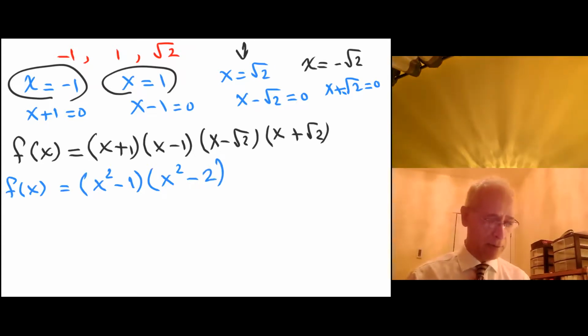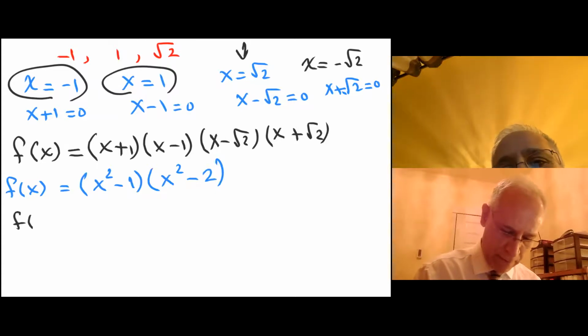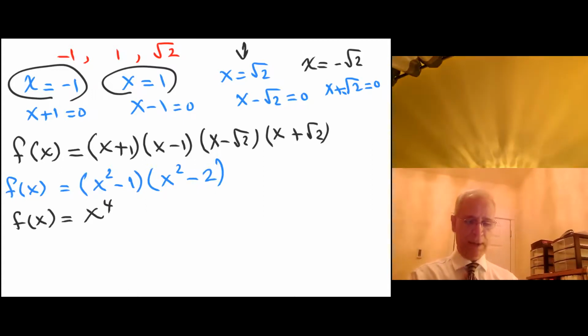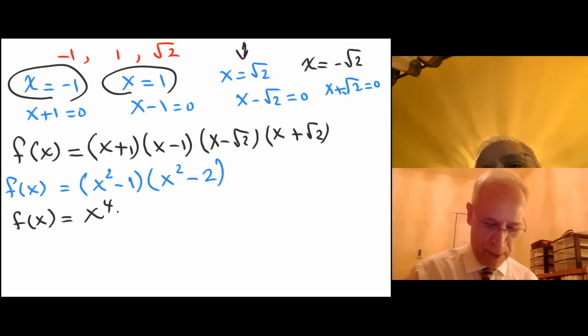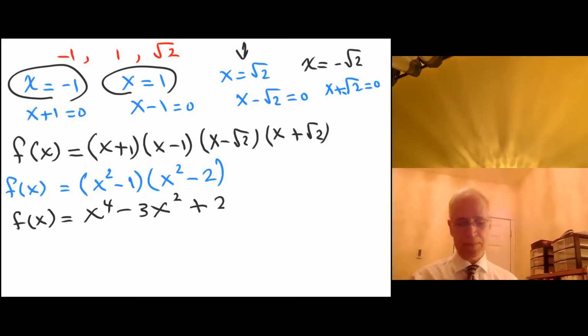Now f of x equals x to the power of 4, then I have minus 2x squared, another minus x squared gives me minus 3x squared, and then plus a 2.